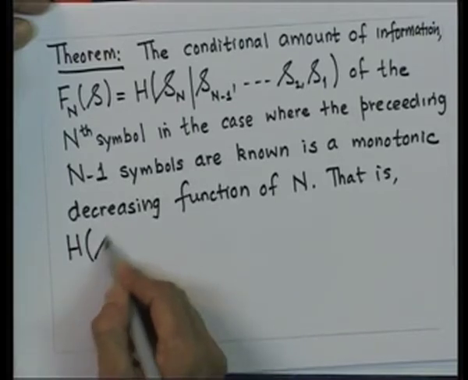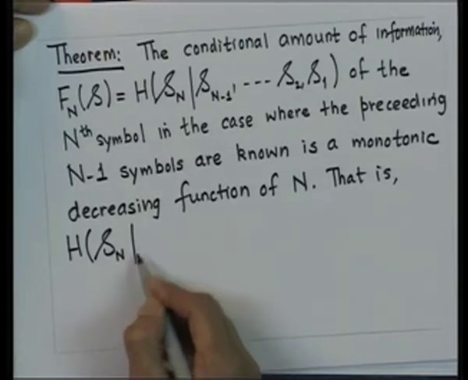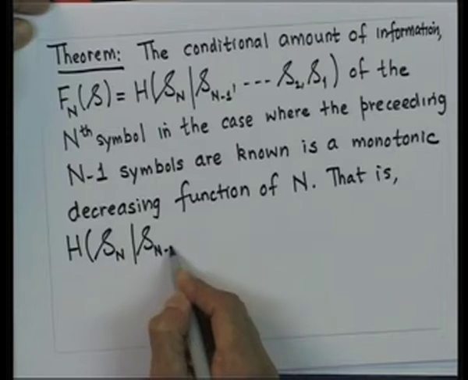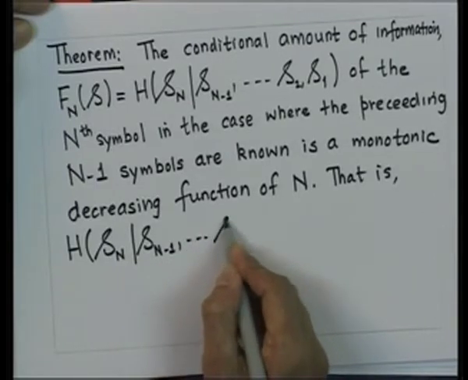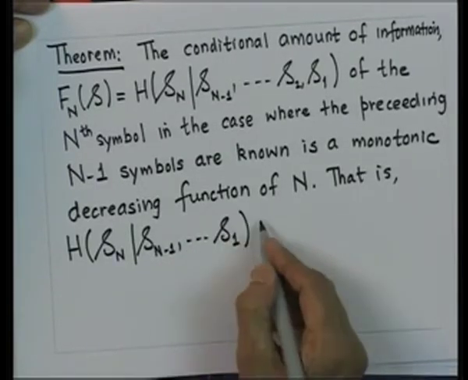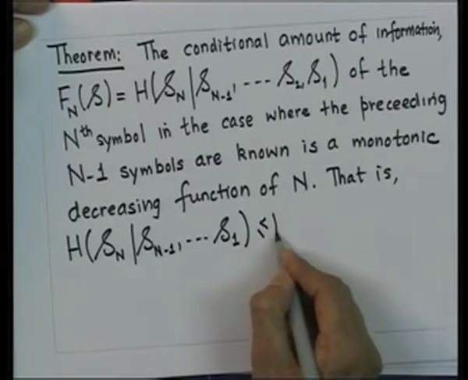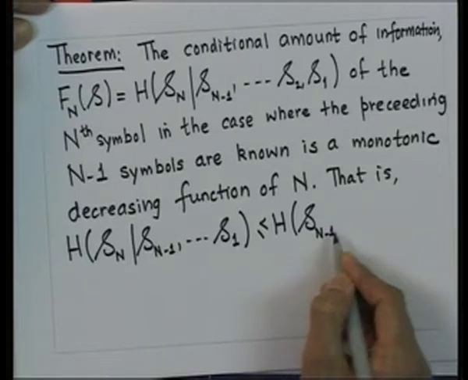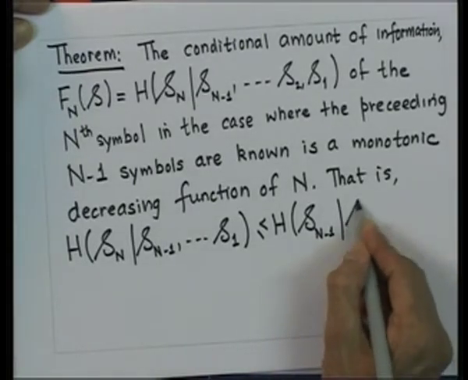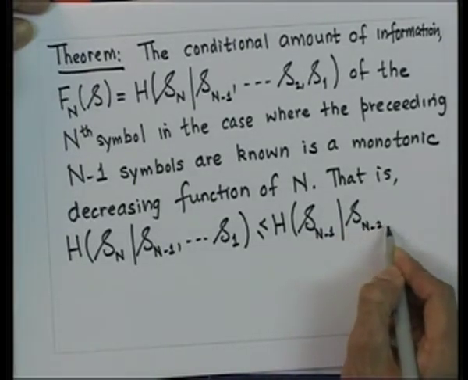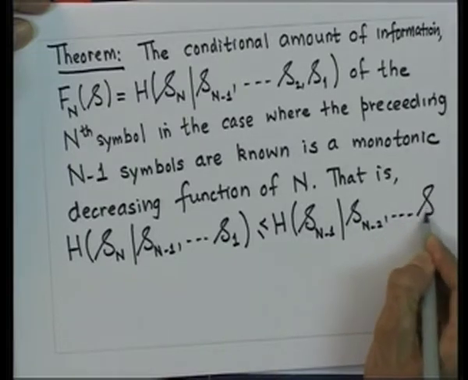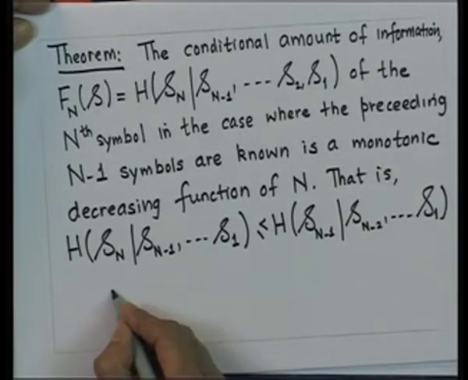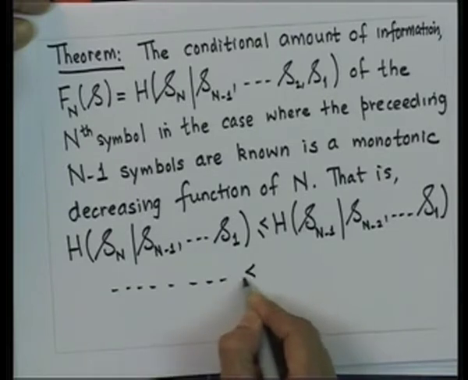What we mean by that is H of Sn given the n minus 1 preceding symbols will always be less than or equal to H of Sn minus 1 given Sn minus 2 to S1, and this way we can continue.